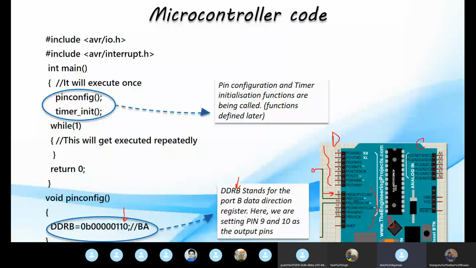And the pin number 8, 11, 12, 13, these pins will be acting as input ports because we have set them to 0. In our program that we will be running in this simulation, we won't be needing the input ports, so we need not worry about that. So we have just set the output ports here, port number 9 and port number 10. Next.